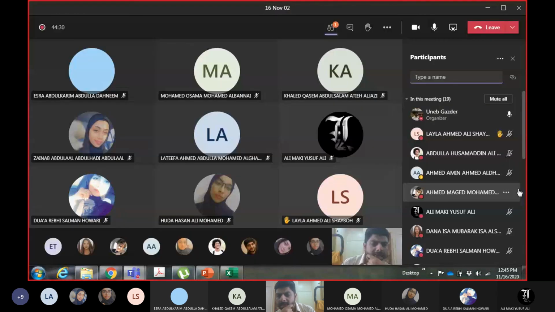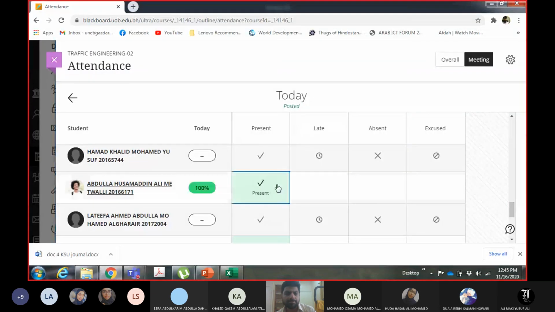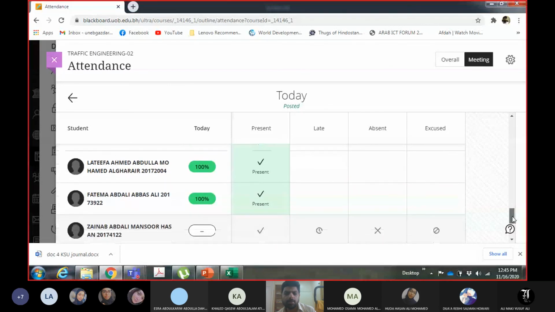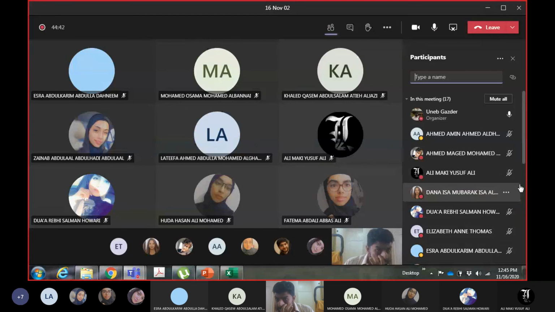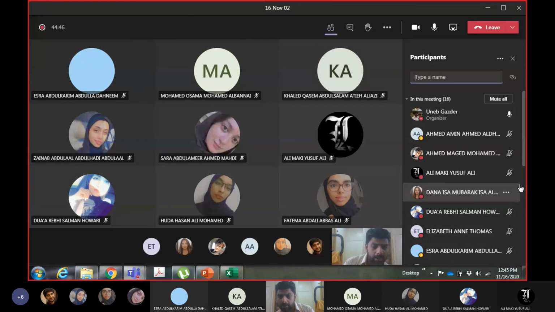Abdullah Husamuddin. Latifa Ahmad. Zainab Abdali. Zainab Abdul Al.